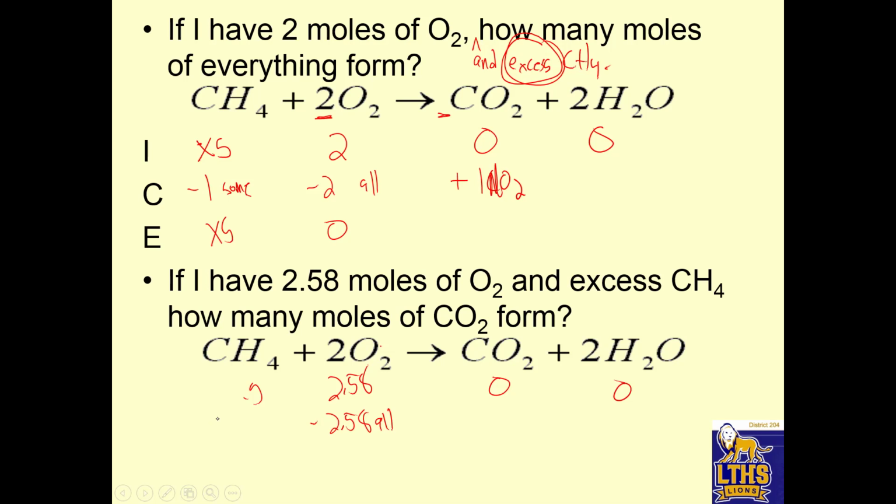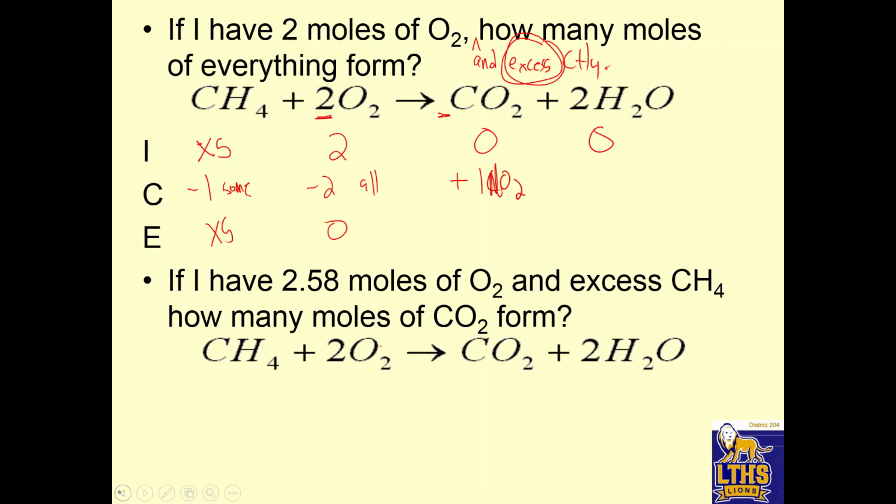This is going to be minus half of 2.58, which is 1 point something. Half of that, 1.58 divided by 2, is 0.79.